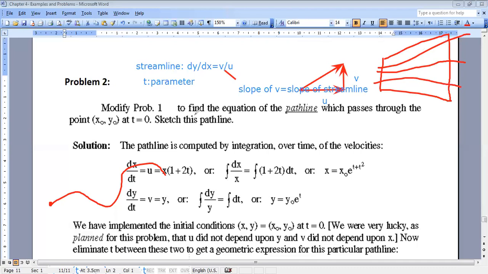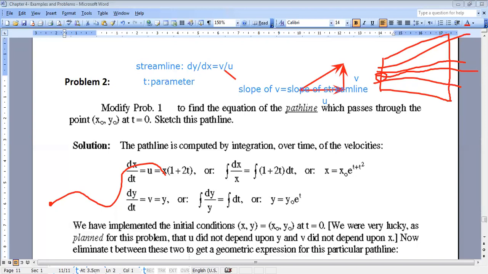Now, for path line, it's different. You don't observe the domain, you track a particle. So let's say you have a particle here, and it will enter your nozzle, you follow your particle. This is the path line. Now, if you have a steady application, streamline and path line are the same lines.